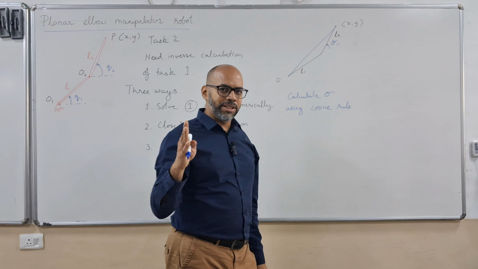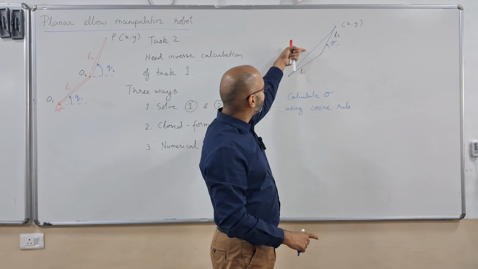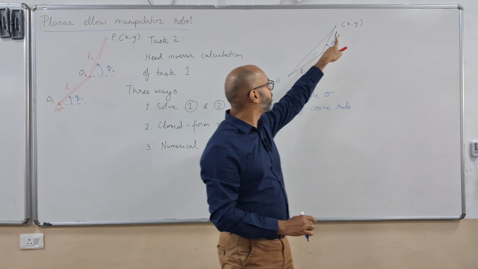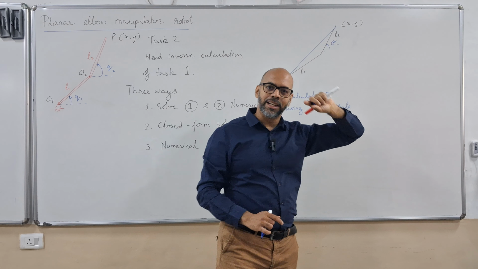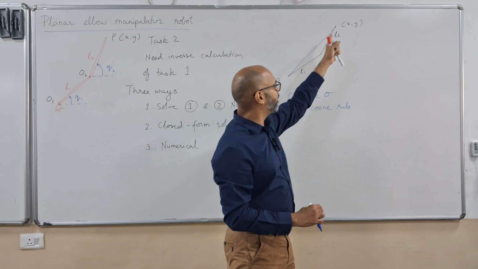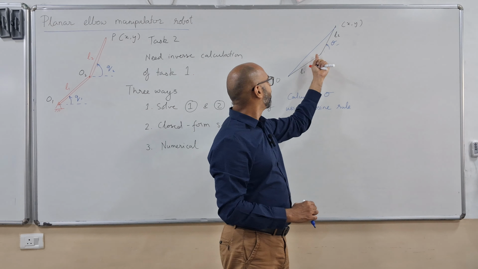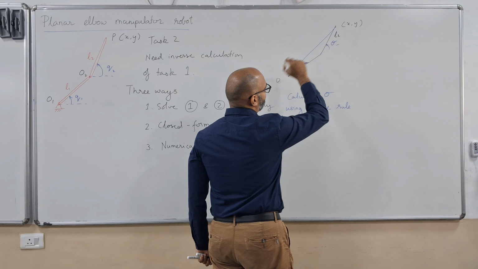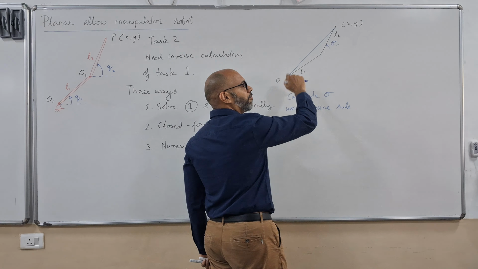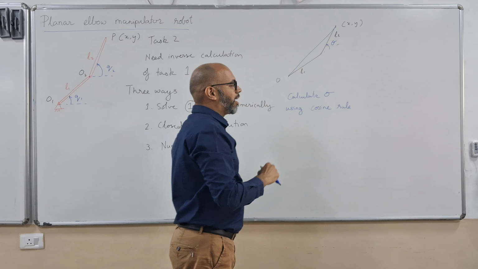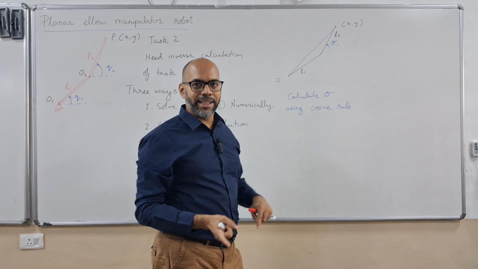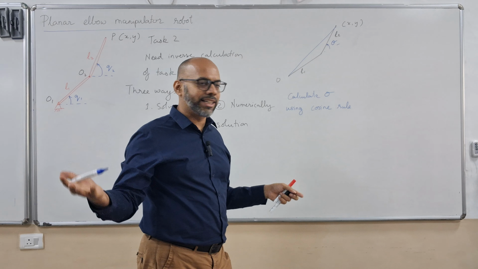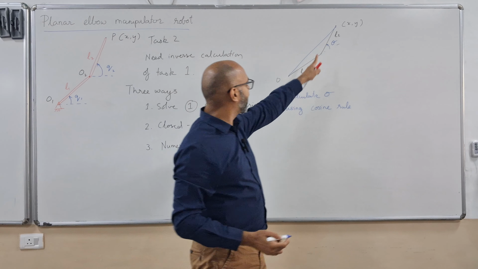So cosine rule says hypotenuse squared is equal to first length squared plus second length squared minus 2 times length 1 into length 2 into the cosine of the angle between them. The angle between them, the obtuse angle, is 180 degrees minus theta. Cosine of 180 minus theta is negative cosine theta, and from that I can calculate theta.